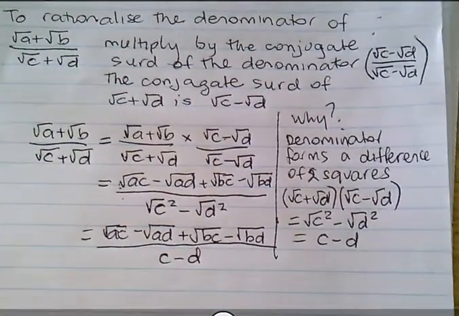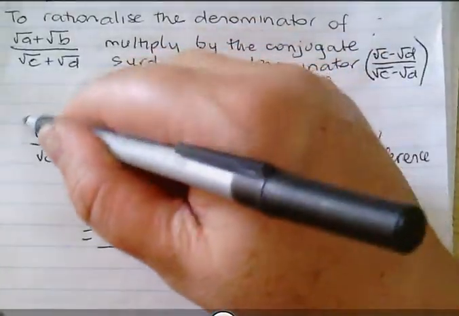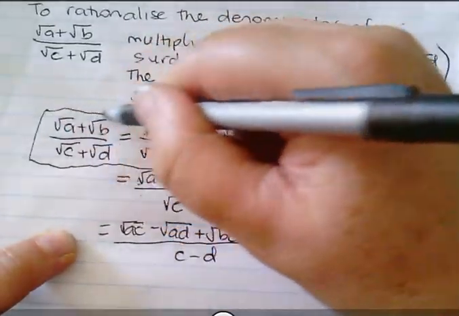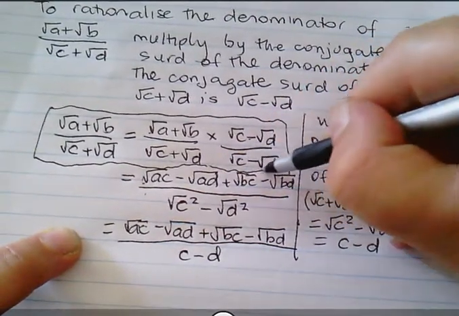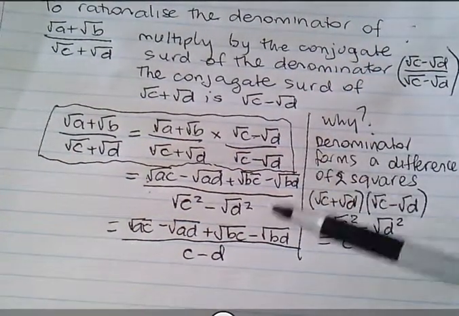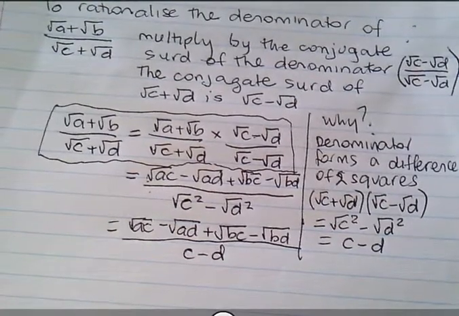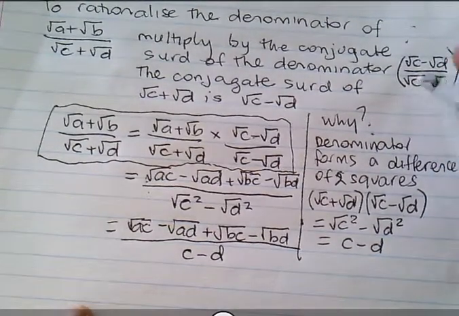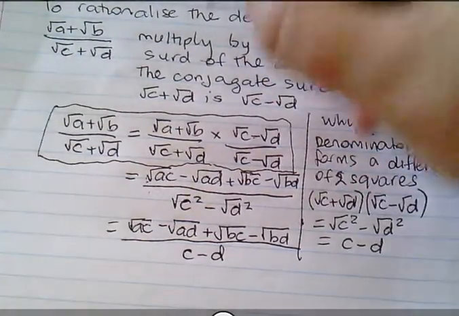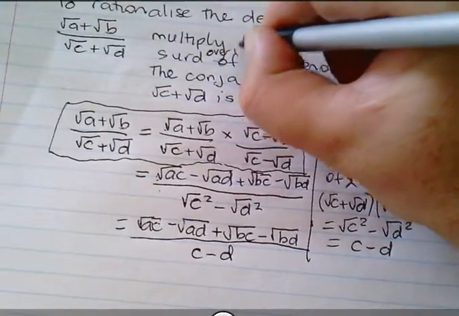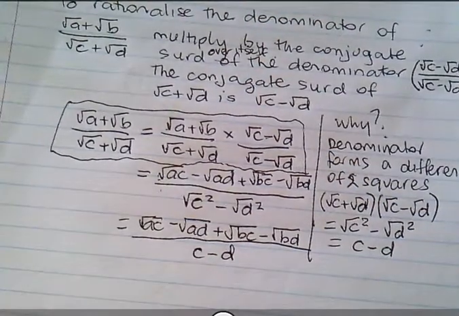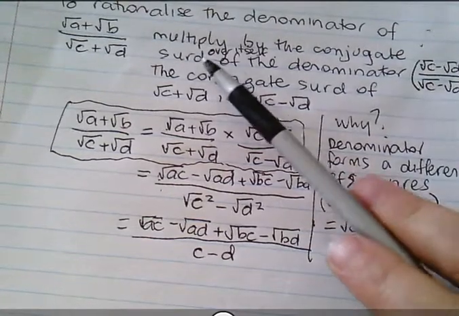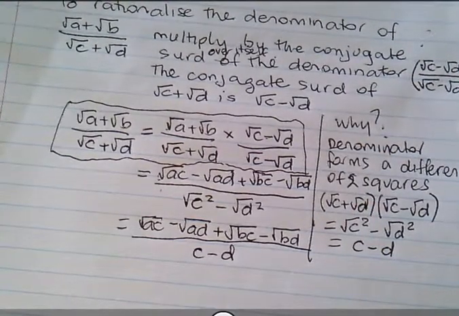So this is the bit you need. And yes, we've worked out the rest of it under there, but you need to multiply by the conjugate surd over itself. Okay? All right. Got it? Of the denominator, that makes sense. Multiply by the conjugate surd over itself, of the denominator.